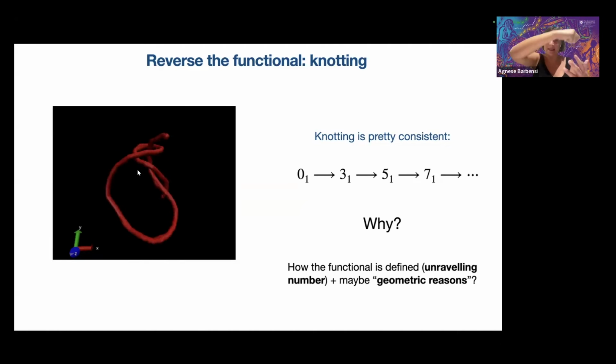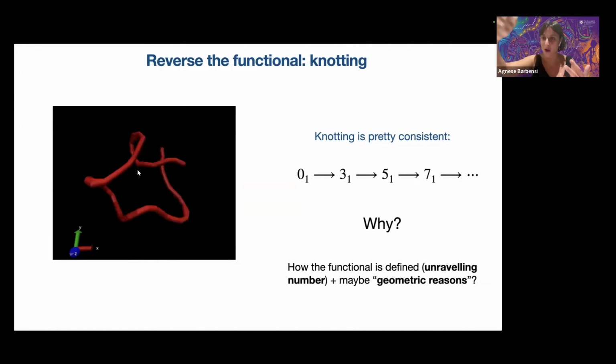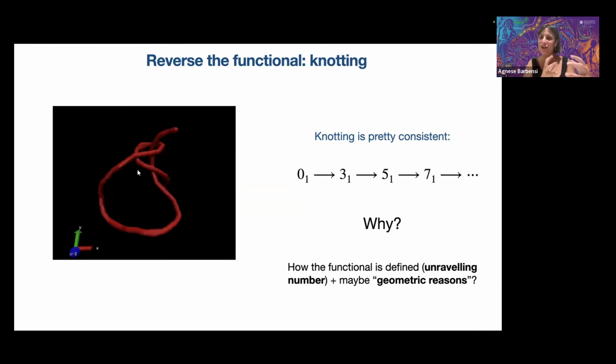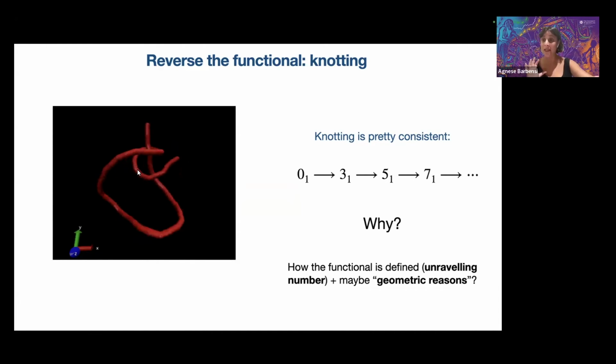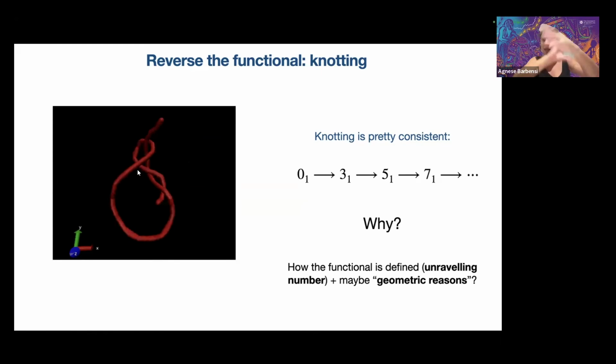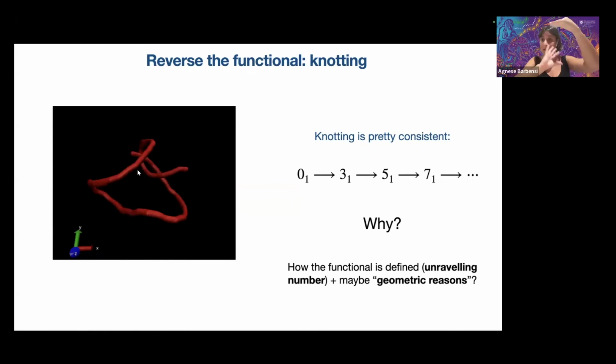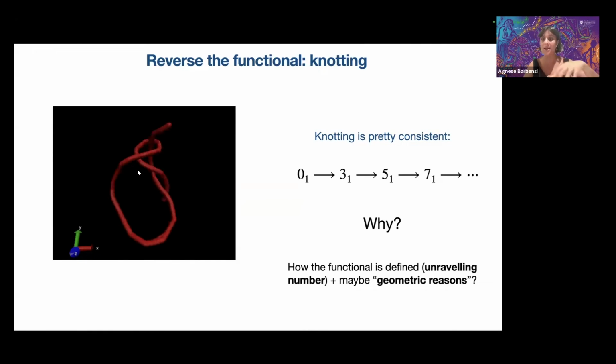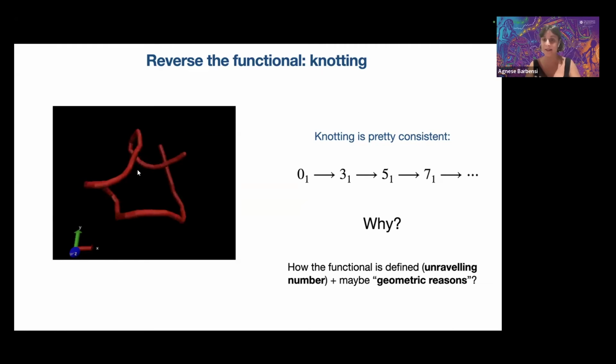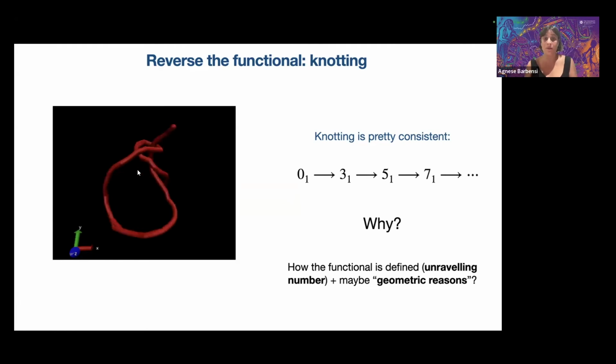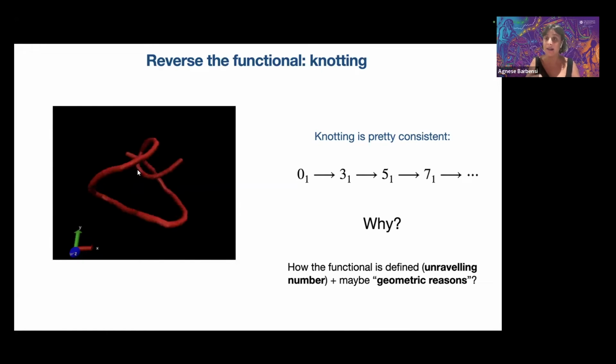So this repeated piercing of an already knotted configuration is the fastest way to increase the average unraveling number, the global topological complexity, the global knot complexity under this definition. But also, this repeated behavior was really possible because the initial configurations were of a certain kind.